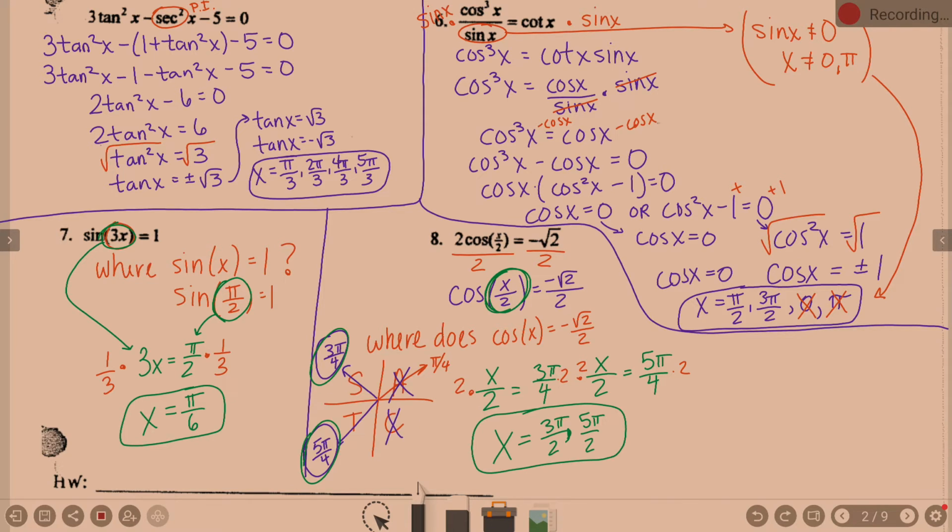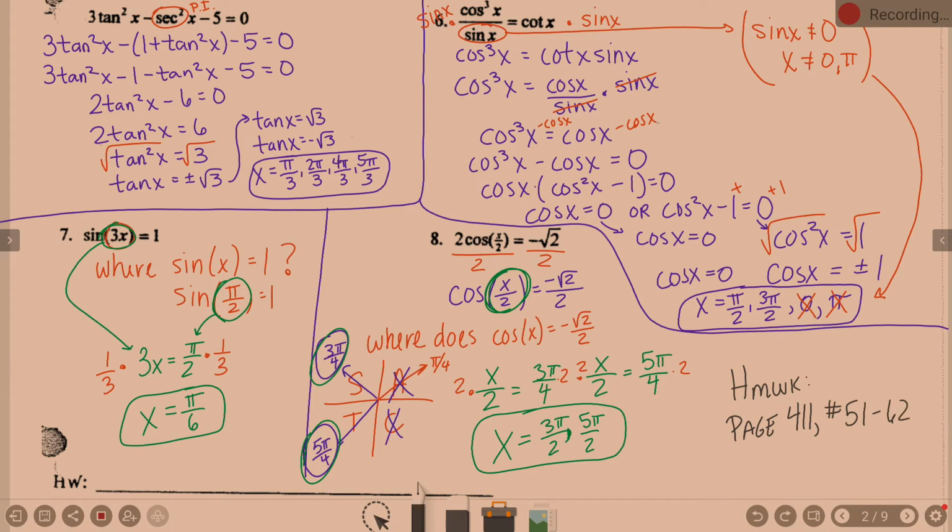Okay. I'm going to put over here homework. It is page 511, I believe. 411, dang it. So close, only 100 pages off. You guys would have figured it out. 411, problems 51 to 62.